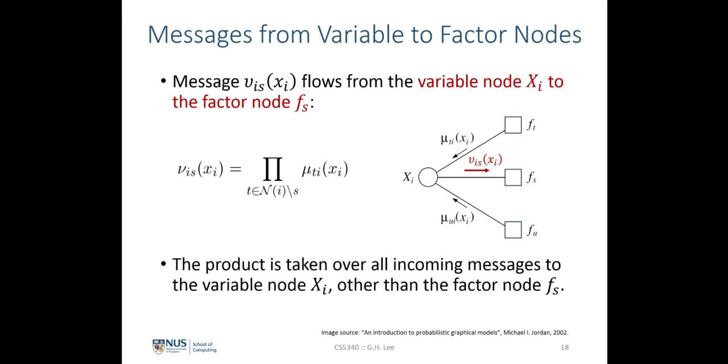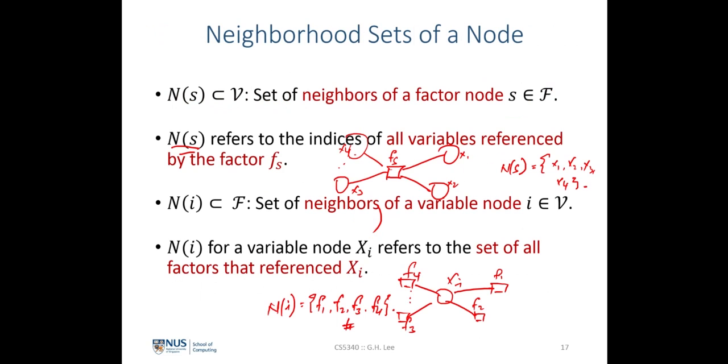Now after seeing the definitions, we're ready to define the messages from the random variable to the factor nodes, which we denote as v_is of xi. This message denotes the flow from a random variable node xi to the factor nodes fs that are in the neighborhood of xi, represented by ni that we have seen in the previous slide.